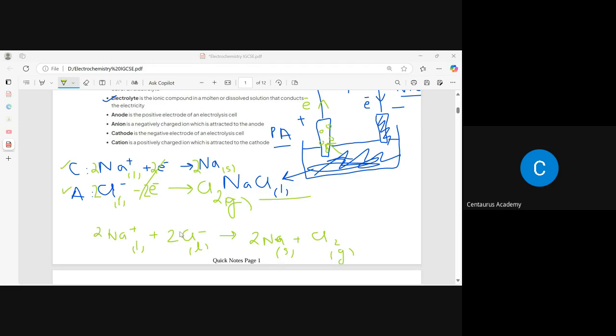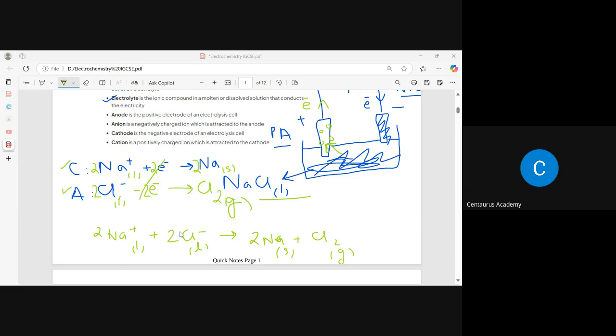This is what I'm trying to convey, that we are discussing molten sodium chloride. In molten sodium chloride, we don't have any water present, right? It is the ionic compound which is melted down to produce the molten liquid state of NaCl. There's no water present. So the only ions present are sodium ions and chloride ions.